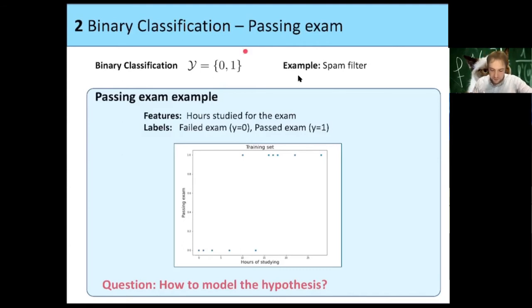So therefore, our label space, which we denoted y, is now just a finite set, which we usually write as 0 and 1. And the example we will talk about is this passing exam example. For example, the feature could be hours studied for an exam, and the labels could be that either you failed or you passed the exam. So it's also 0 and 1. It's not like you can pass 50%. Either you passed or you didn't pass.